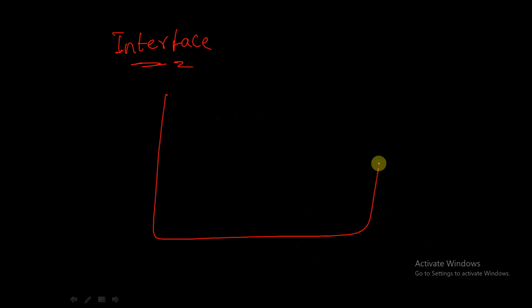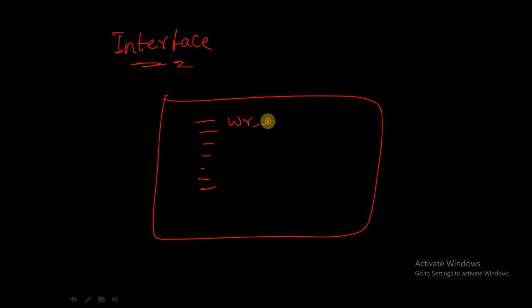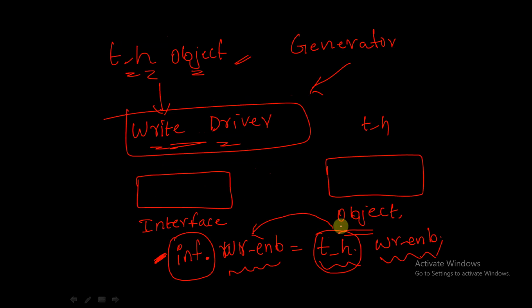We have declared our interface file also. In this interface file, all the properties will be declared, like write enable, write address, write data. What we are doing basically is assigning the values of write enable from the object to the interface handle.